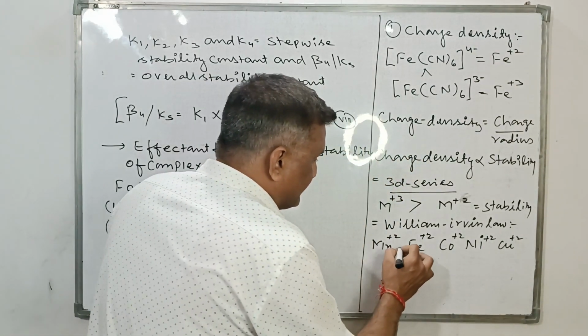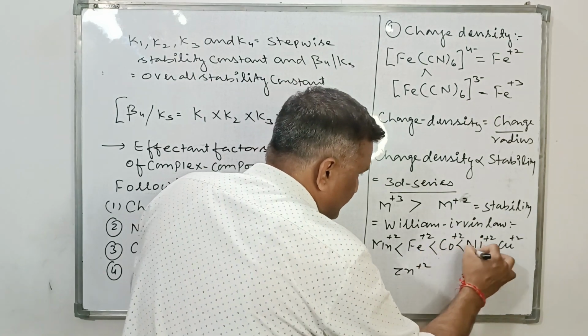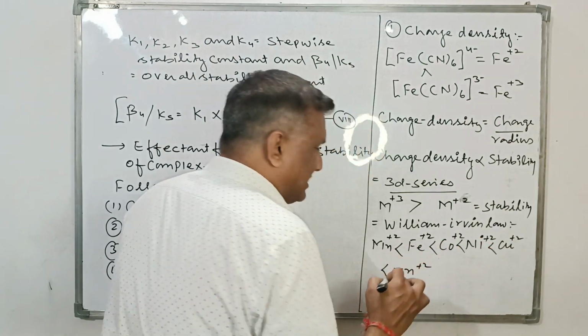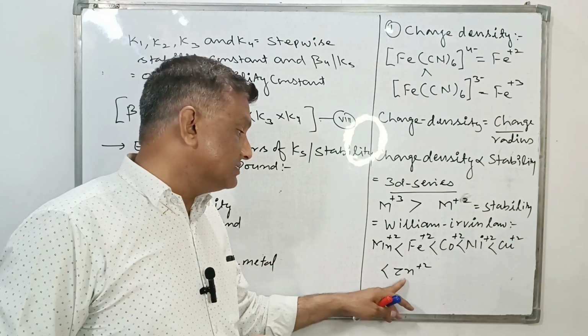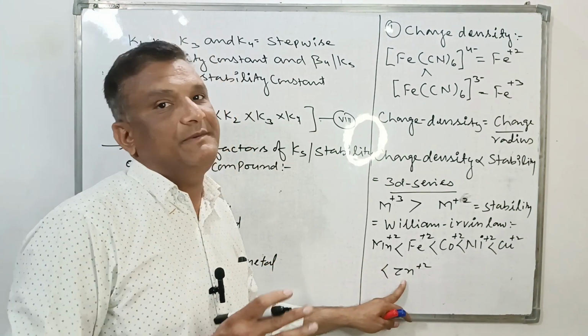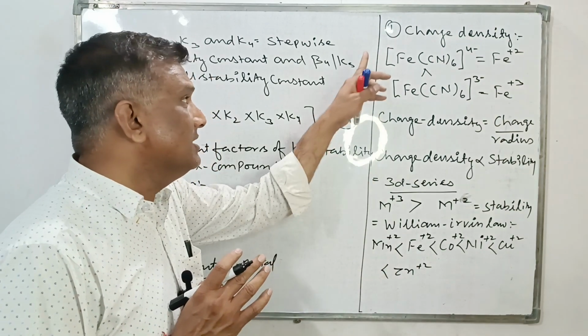So the stability sequence will be as follows. So we can say that if the metal atom of the 3D series is in plus 2 state, then the complex of Zn will be more stable. This was about the first factor.